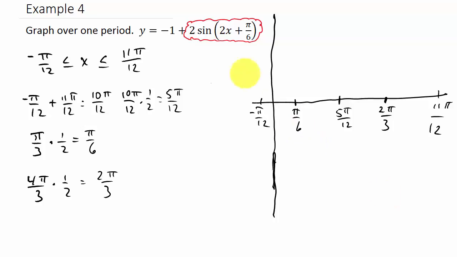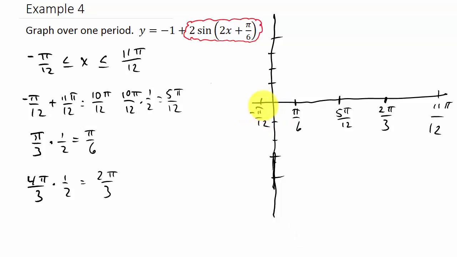All right, so now let's mark off. We've got a 2 in front. Remember, we're not worrying about the negative 1 yet. So we've got the 2 in front, so we've got 1, 2, 3, 4. Then we've got 1, 2, 3, 4. Now, let's see what we've got here.